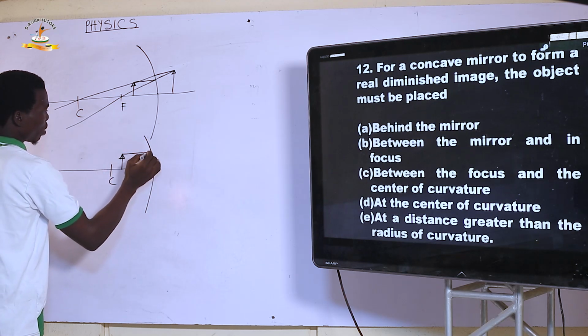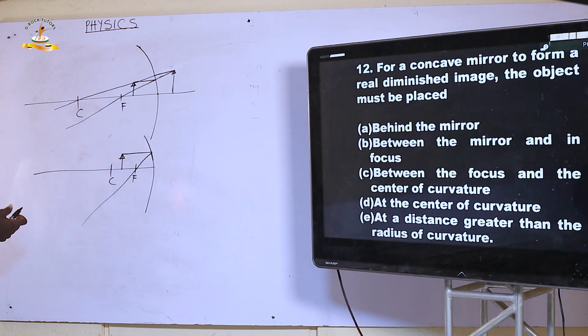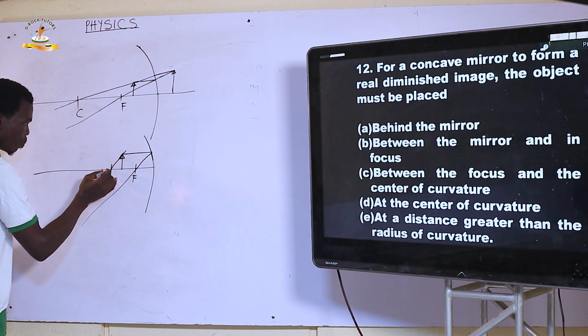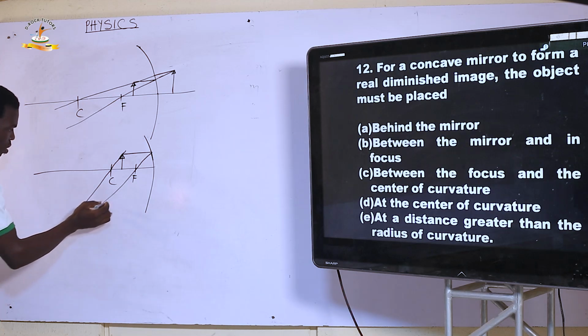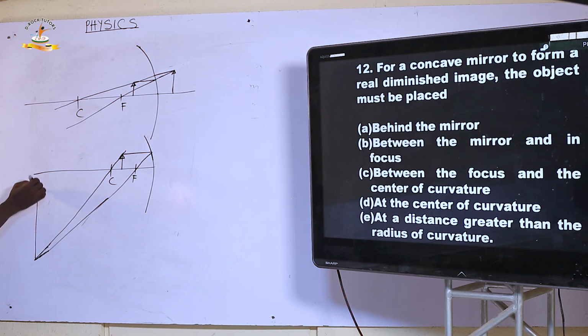I draw this, and it must reflect back through the focus, and there will be a ray that will pass through this until they finally meet. You can see they are going to meet down here, somewhere here, and it's giving you an inverted but magnified image. That's the second one.